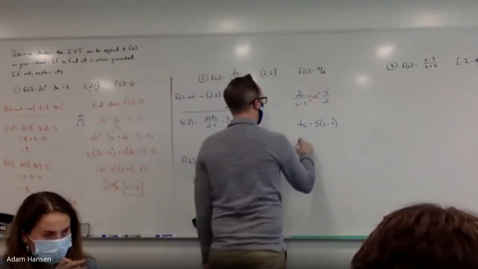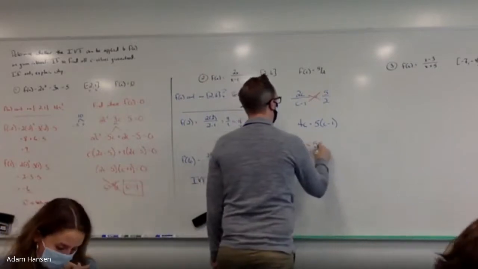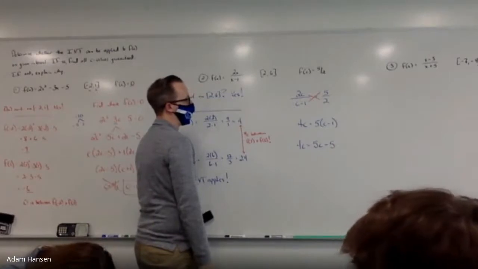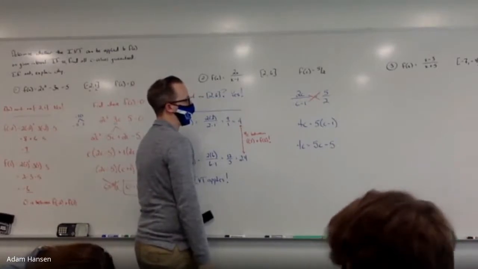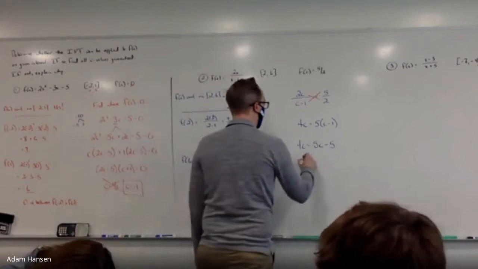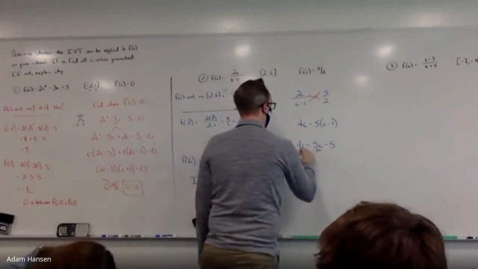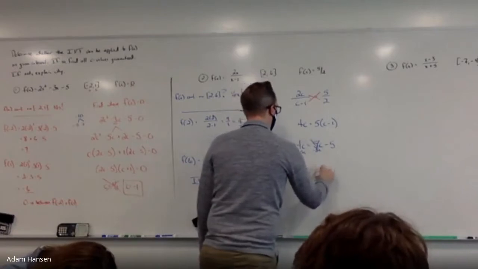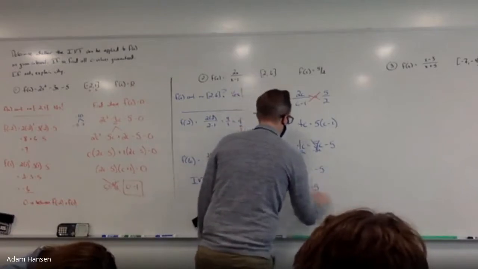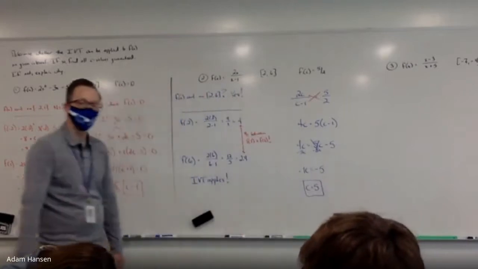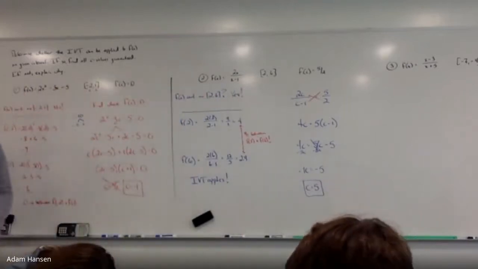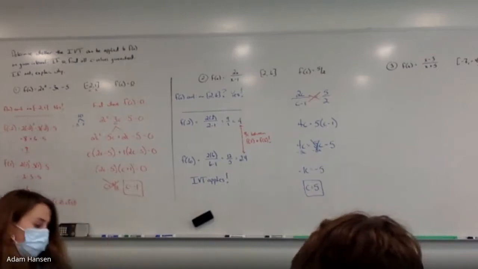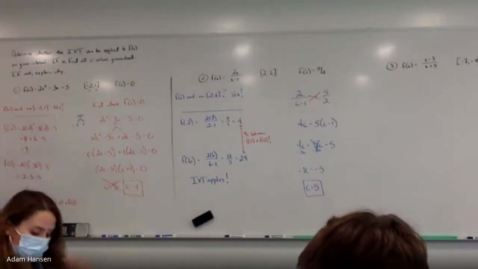So 4c equals 5c minus 5. So I can subtract 5c. Bring down negative 1c on the left and negative 5 on the right, so c equals 5. Does that fit the criteria we just mentioned? Is that value in the appropriate interval for our function?